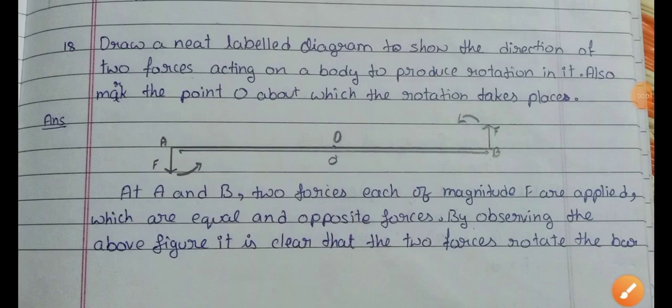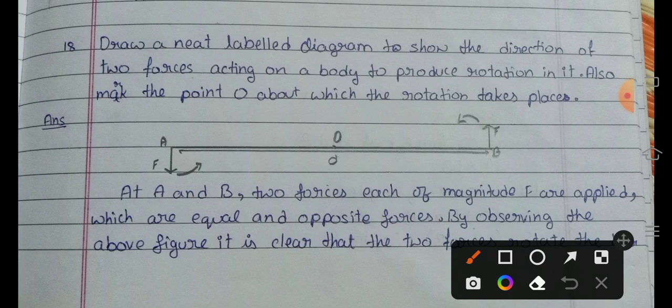Draw a neat labelled diagram to show the direction of two forces acting on a body to produce rotation in it. Also mark the point O about which the rotation takes place. So what is it saying? Draw a neat labelled diagram. Here the picture is drawn already, to show the direction of two forces acting on a body to produce rotation.